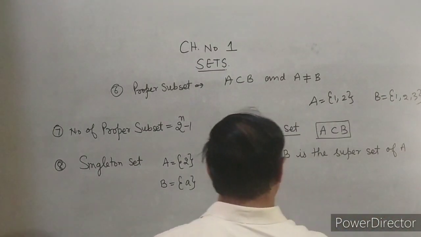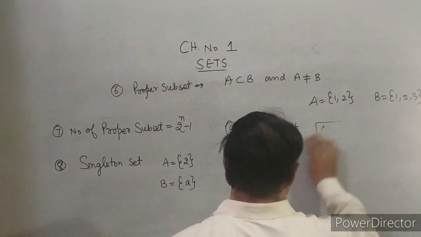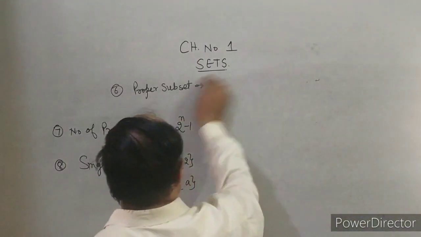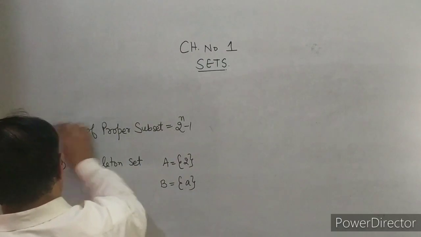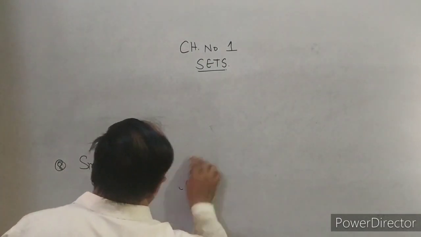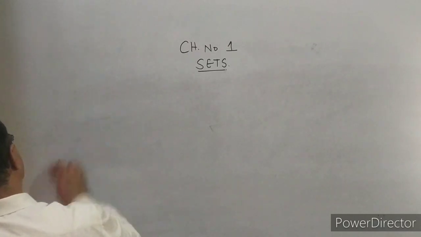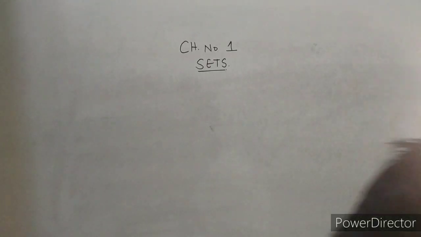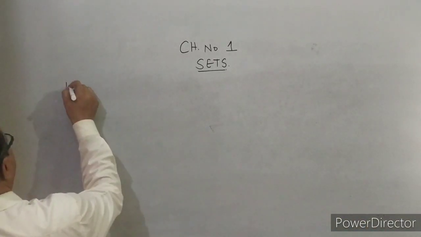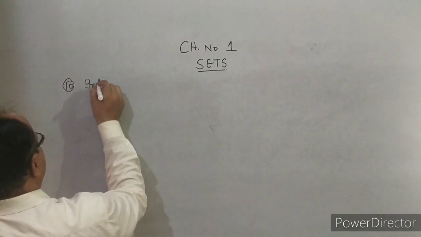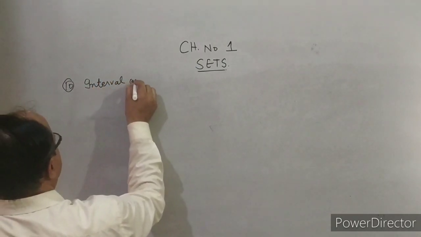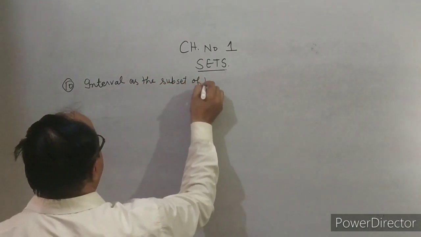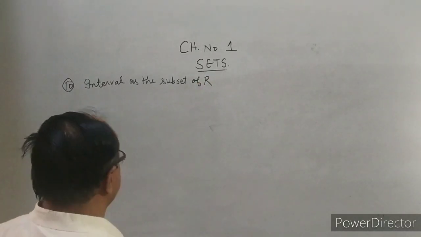Next, the 10th point is interval as the subset of R, R being the real numbers.